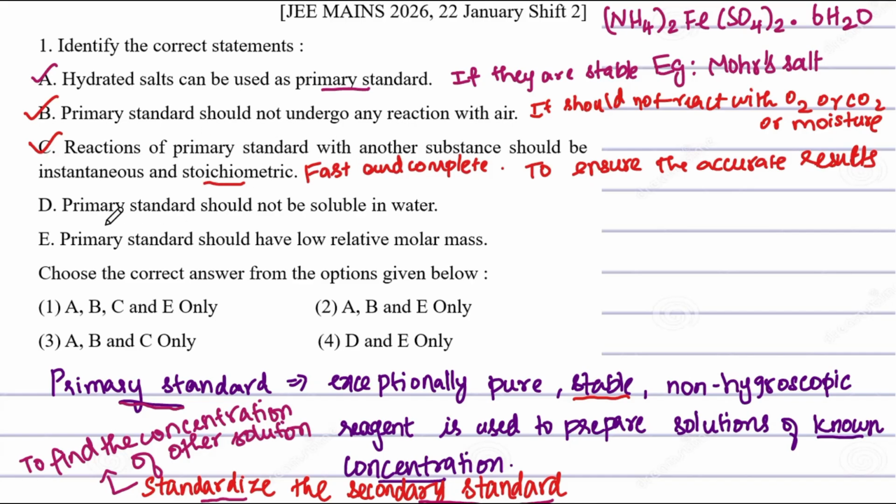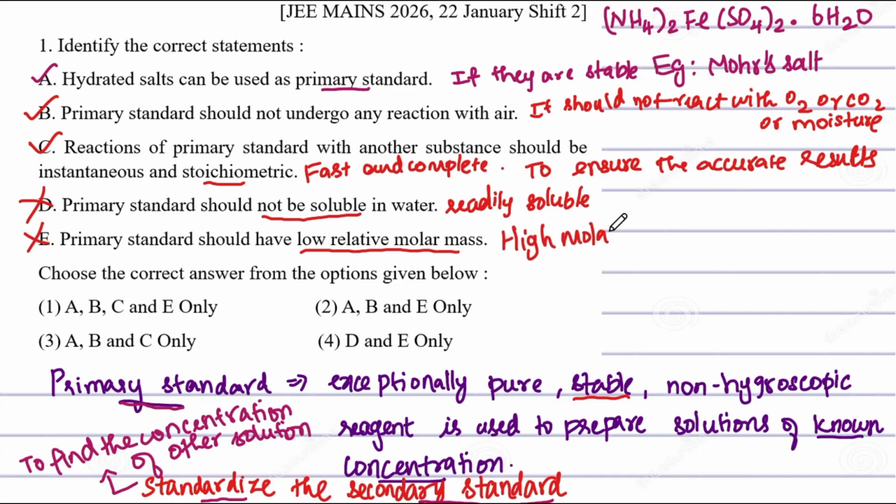Then the next statement is primary standard should not be soluble in water. This statement is wrong because it should be readily soluble in water. So only then you can make the solution of the primary standard reagent. Then the next statement, primary standard should have low relative molar mass. This statement is also wrong because it should have high relative molar mass, so that it will be easy to weigh the reagent.